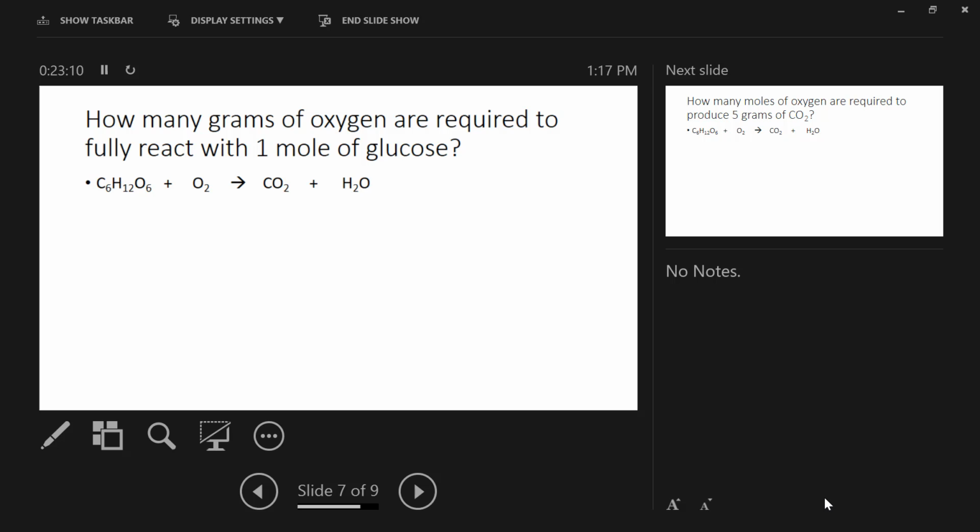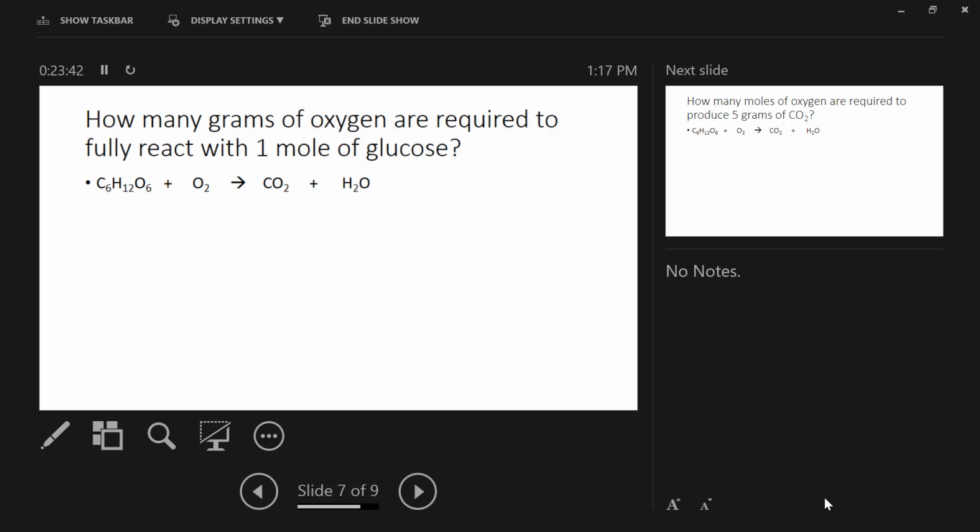To grams of oxygen. Okay? Remember, the only way that we can convert from amount of one reactant to amount of another, or the amount of reactant to amount of product, or the amount of product to the amount of reactant, is using the molar ratios. That's the only way we can convert from one material to a completely different material. And then to go from the moles to grams, we'll use the molar mass.